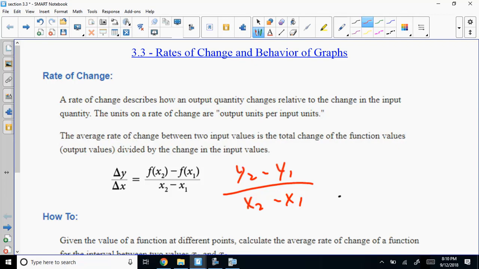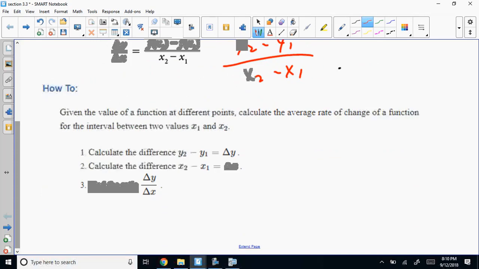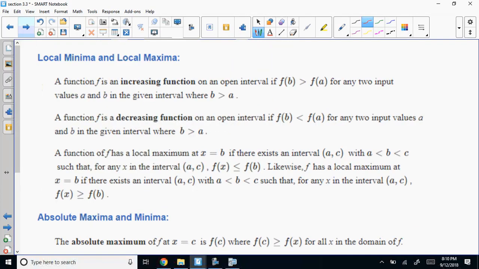We're going to calculate the rate of change looking at different points. We'll look at local minima and local maxima. We're going to look to see where things are increasing and where things are decreasing. Sometimes they'll say local minima or local maximum, and they talk about global, right?